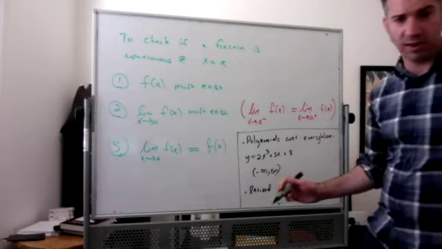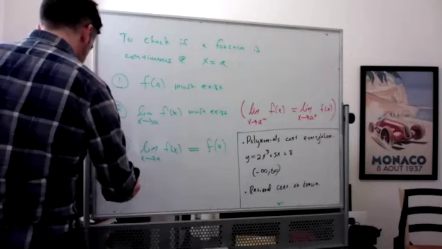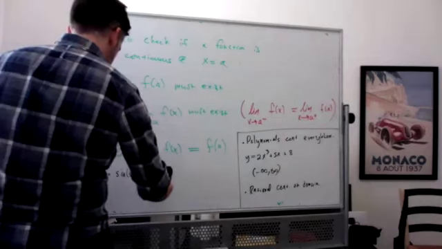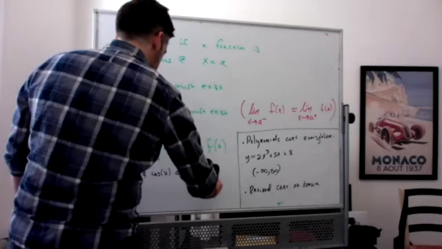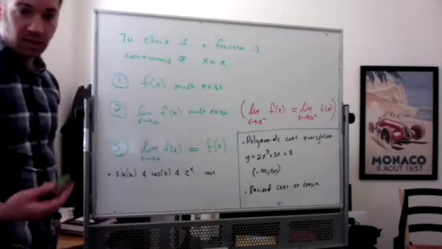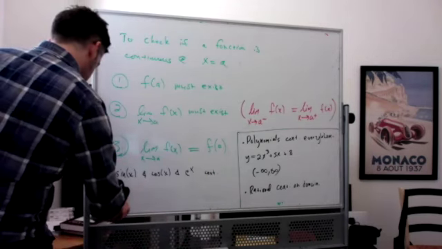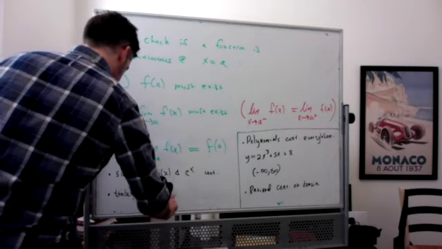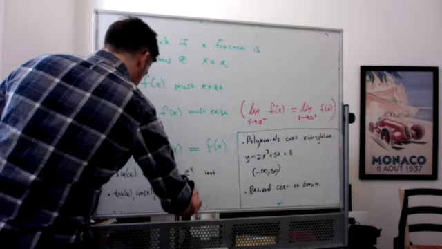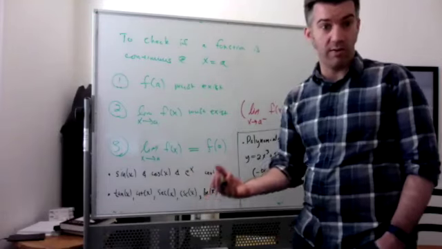And I think I said last time, sine of x and cosine of x are continuous everywhere. So is e to the x. And then the other trig functions, tangent, cotangent, secant, cosecant, and also natural log of x for good measure, are all continuous where they're defined.